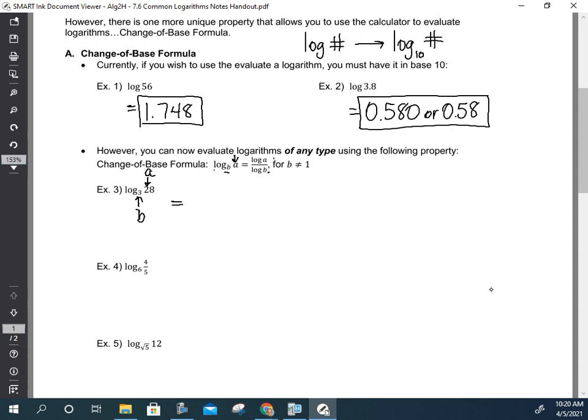So 28 is the a value. So log 28 over log 3. Log 28 over log 3. Any questions before we continue?